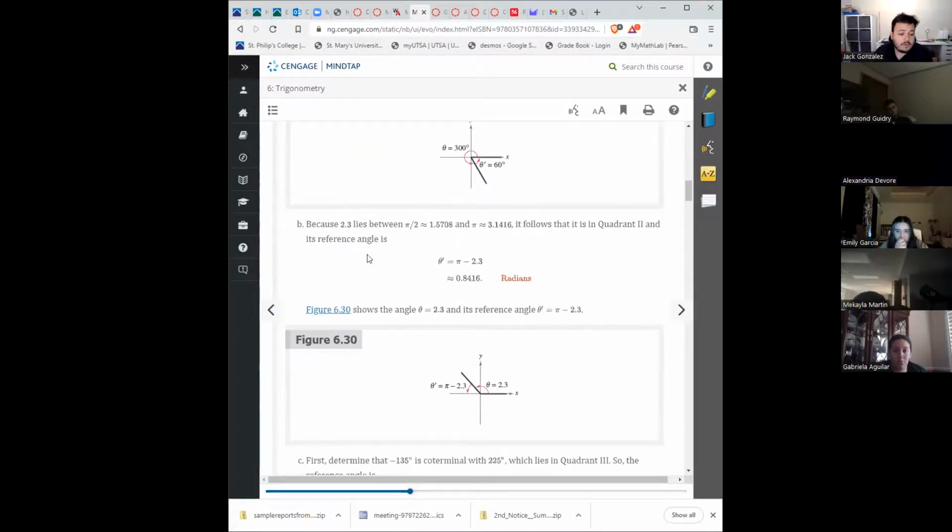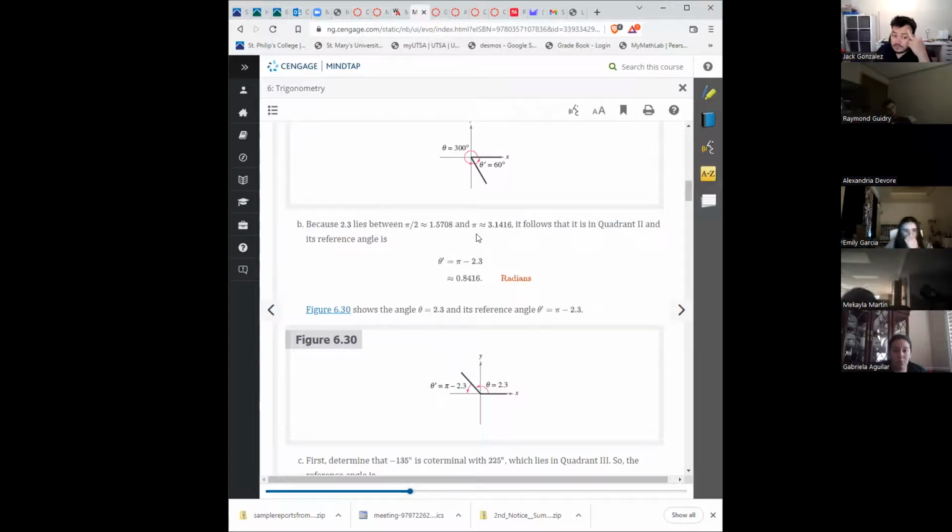So right here, they say, okay, where exactly is 2.3? You kind of have to figure out where 2.3 lands. Also, you can think of it this way. Because 2.3 lands between pi over 2 and pi, meaning it's less than pi, we know that tells you that you are in quadrant 2, right?